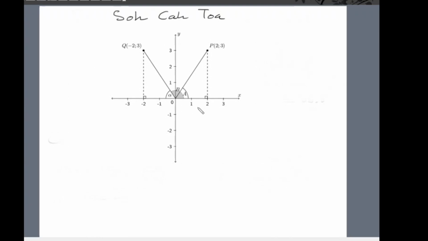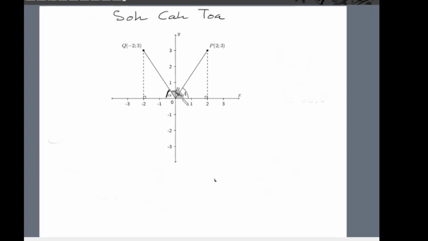Looking at this, we are now looking at the second quadrant. We are at this point Q. So angle B is that one in gray. That is angle B. Now we can define another angle between this line OQ and the negative x-axis as alpha. That is the angle I'm talking about there.